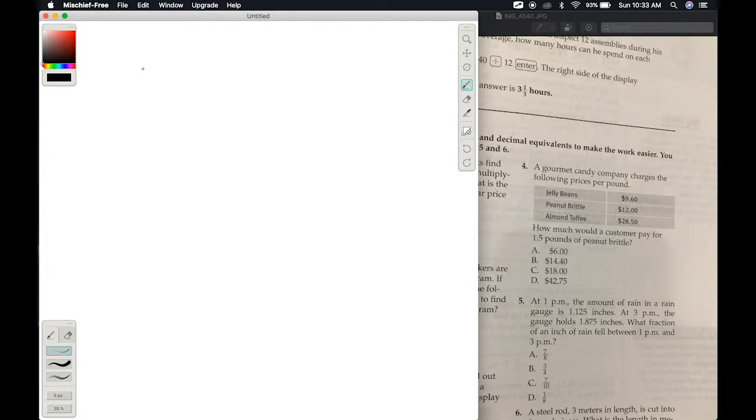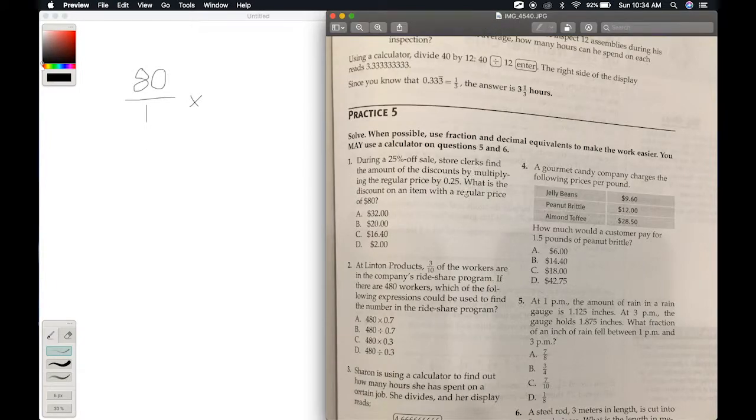So we need to turn 80 into a fraction, okay? Anytime you need to turn a whole number into a fraction, put a 1 under it. That retains its initial value of 80, okay? Anytime there's a 1 under a number, this is the actual whole number. Times the other number, which was 0.25.